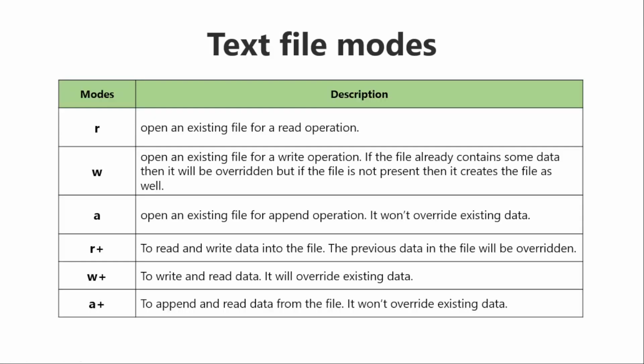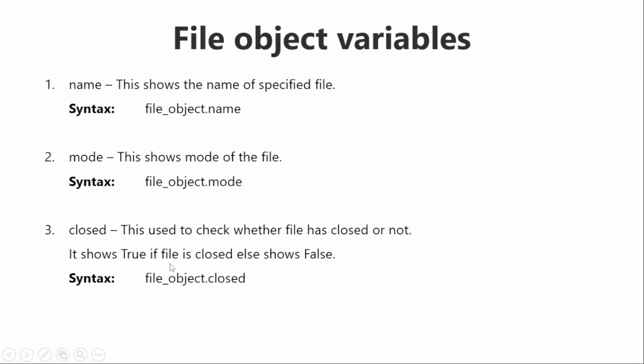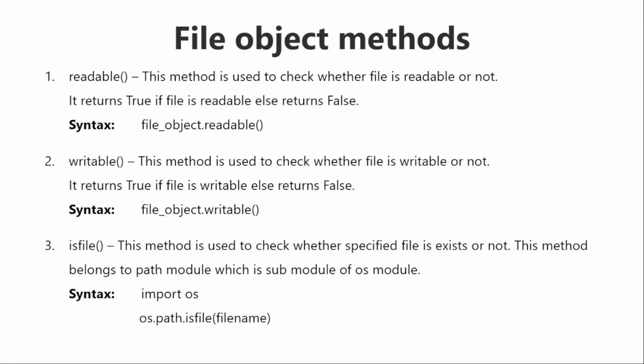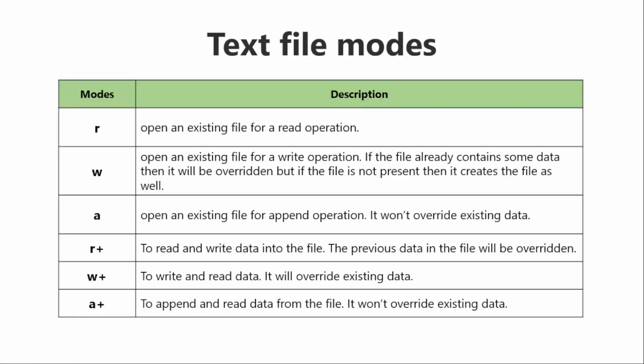For your better understanding, I will explain these last three concepts after the completion of file object variables and file object methods. So you will get to know the exact concept of how it's working.